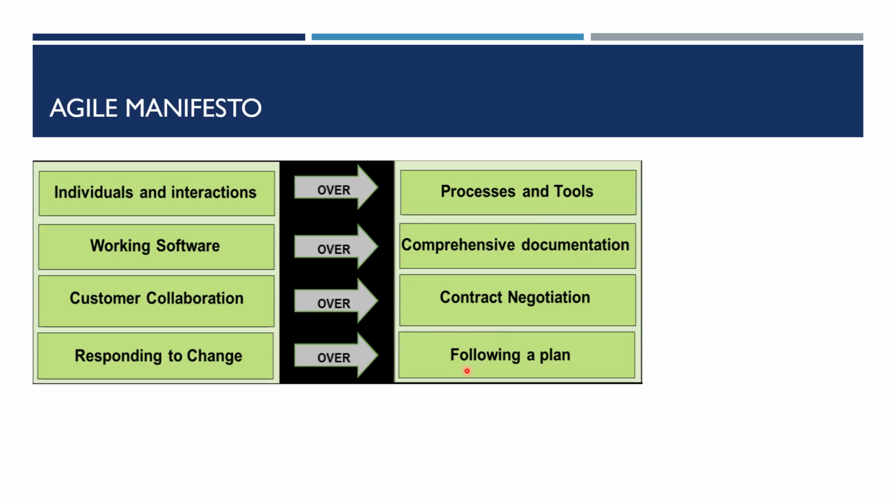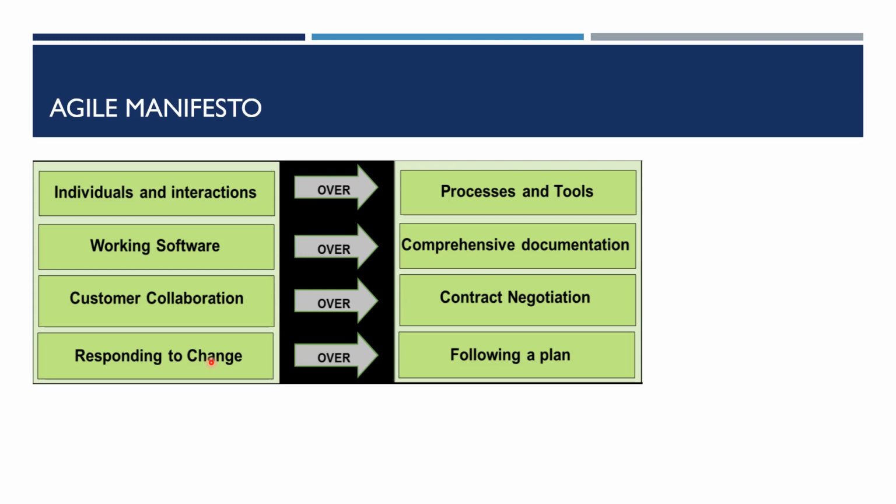So in waterfall, we have a plan and we just stick to that plan, right? That plan is done for the entire project and we hardly change that plan. Here, our plan is just enough to get started.